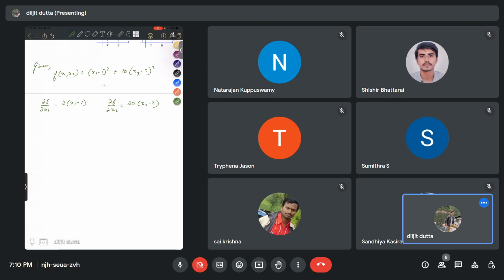So now let's get the terms of the Hessian matrix. The first term is del square f by del x1 square. The derivative of this term will be 2, since del x1 by del x1 is equal to 1. The second term is del square f by del x1 del x2, which is equal to del square f by del x2 del x1.